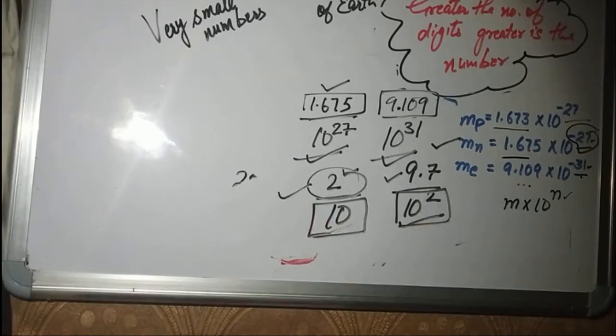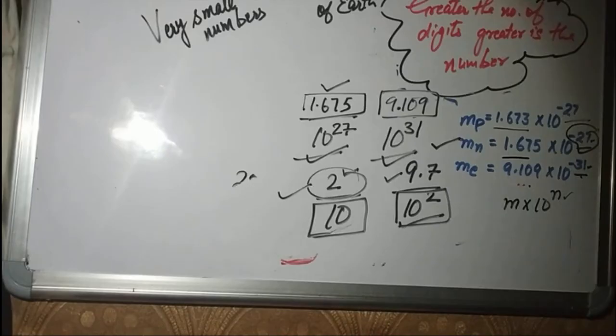In all types of sciences, physics, chemistry, biology, maths, we deal with numbers. In fact, in the other sciences, we deal with very, very large numbers and very, very small numbers. And to deal with these numbers, we have come up with scientific notation. What is scientific notation?